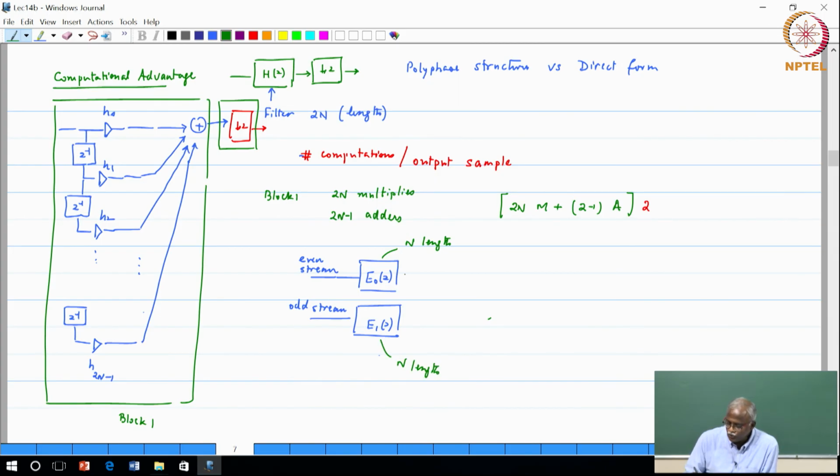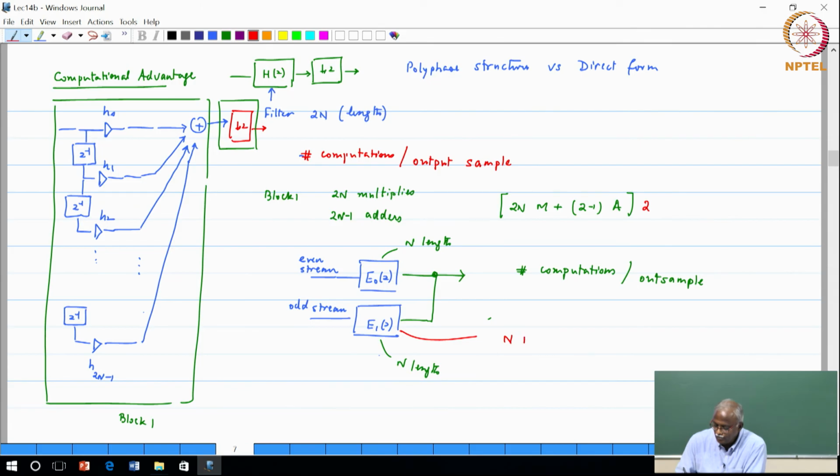These two have to be added, the outputs of these two get added at every instant of time, and that is the output. So, the number of computations per output sample: each of these blocks requires n multiplies plus n minus 1 adds.